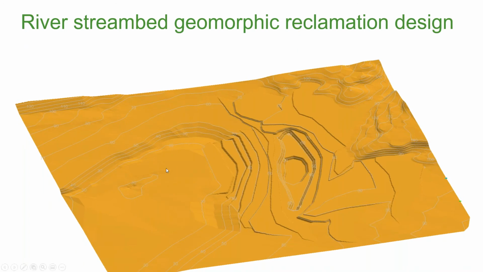Here is a geomorphic reclamation dump design for this feature. As you can see, benches have been dumped to not only preserve the gradient and create a new channel for the river system, but there's also an additional feature that is commonly associated with the anastomosing fluvial complex, and that is an oxbow lake.